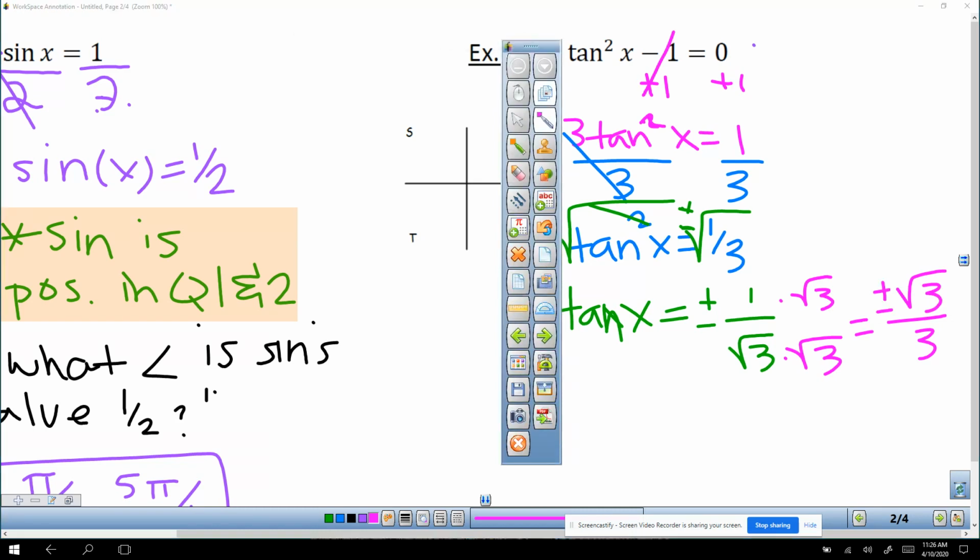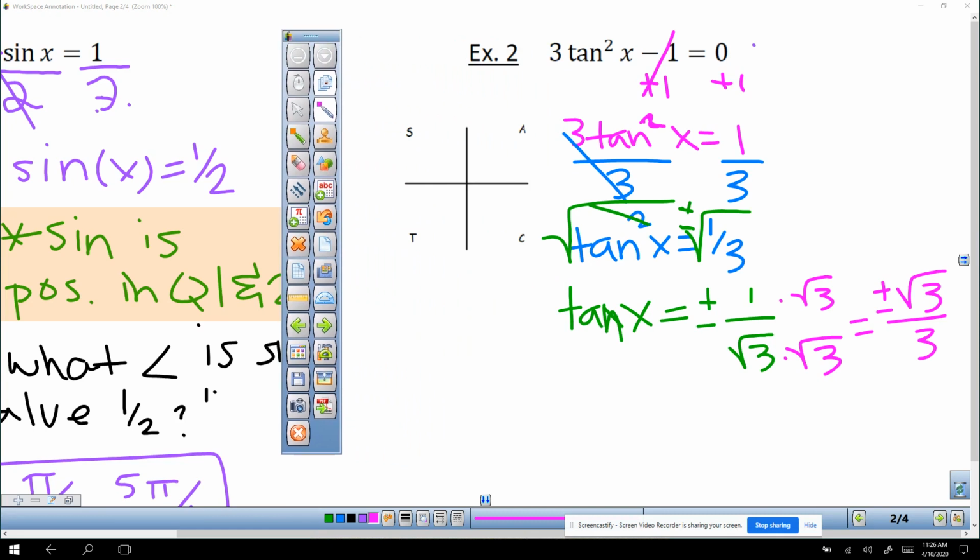Okay, now we're going to figure out what quadrant we're in though. It says positive or negative. So tangent's positive and negative in all the quadrants. So it's not reducing any quadrants. But we think back to what we just said on the first page of the notes, and we said that tangent, the period is 0 to pi.